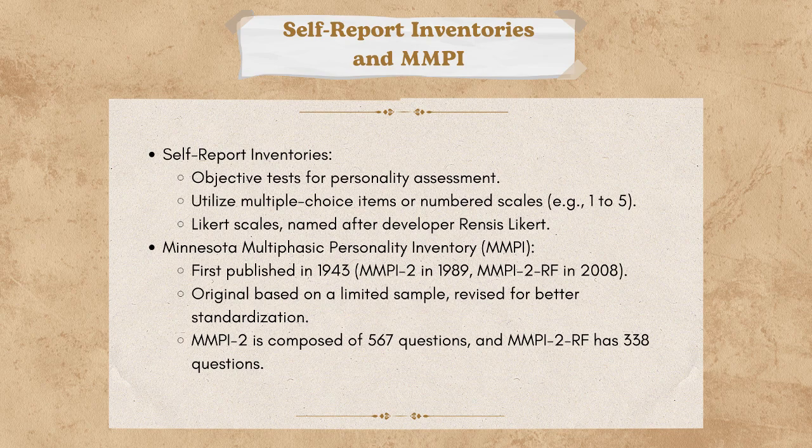They typically use multiple choice items on numbered scales, which represent a range from 1 to 5. 1, strongly disagree. 2, somewhat disagree. 3, no opinion. 4, somewhat agree. And 5, strongly agree. Those are just examples.